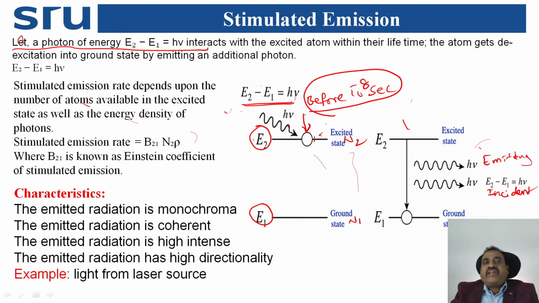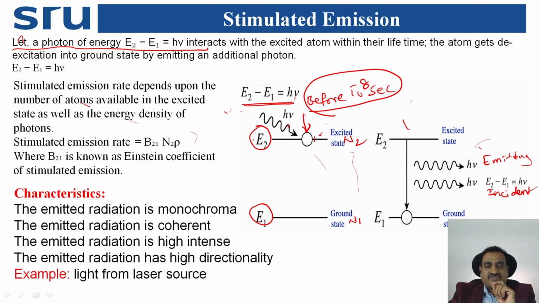Now we have reached the most important part of today's lecture, stimulated emission. Let us imagine an atom that is already in the excited state. Now another photon comes and interacts with this excited atom. This incoming photon can stimulate the excited atom to return to the lower energy state.